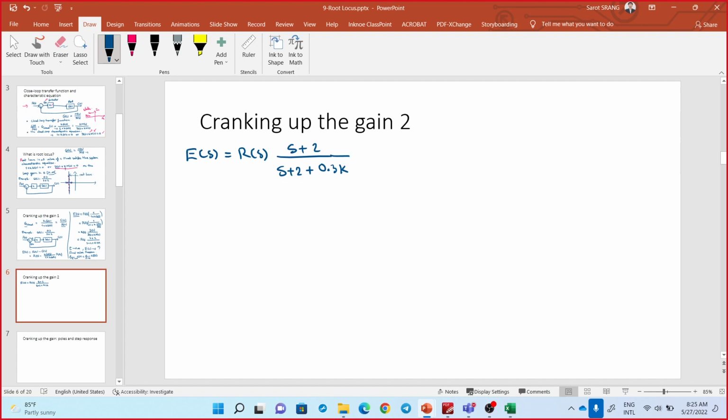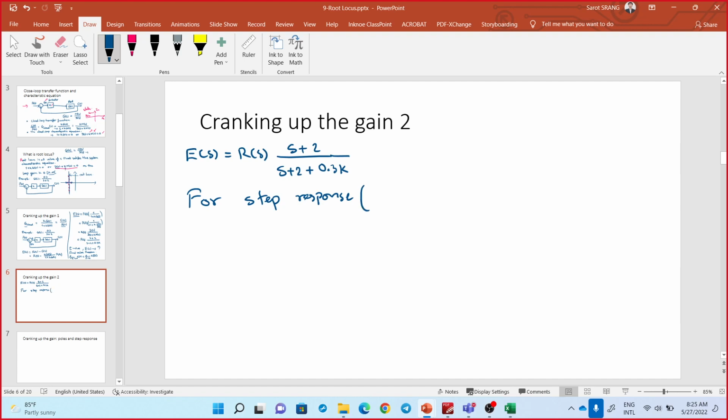So from the final value theorem, for step input, for step response.